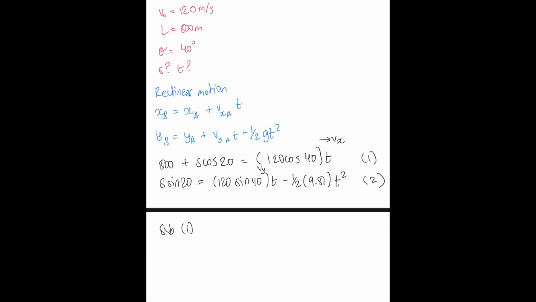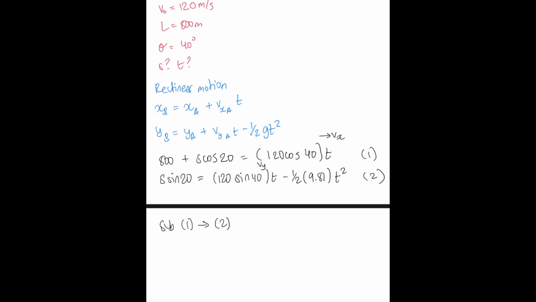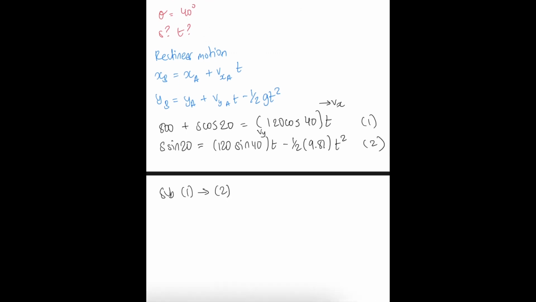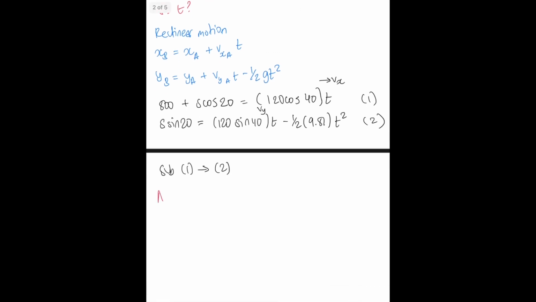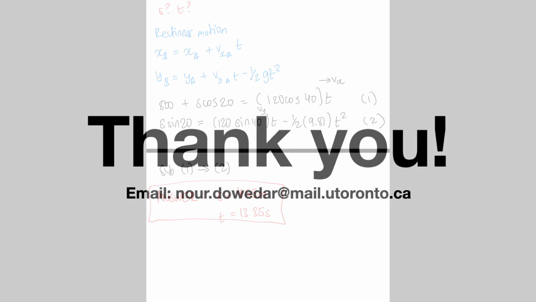We solve our simultaneous equations to find our answers, which are s is equal to 455 meters, and t is equal to 13.35 seconds. That's our final answer and the end of our tutorial problems.